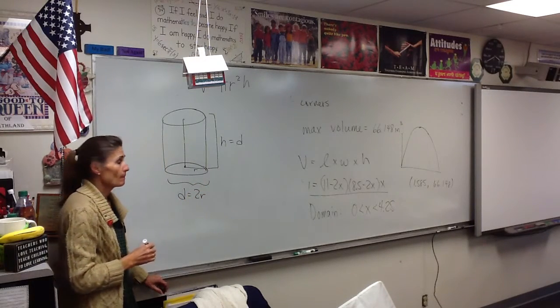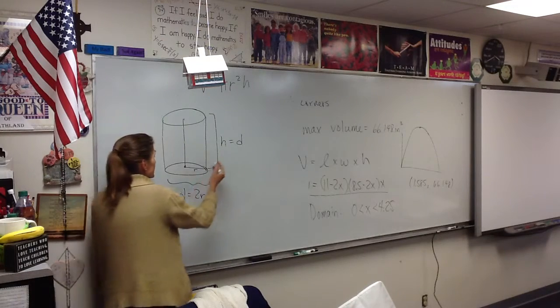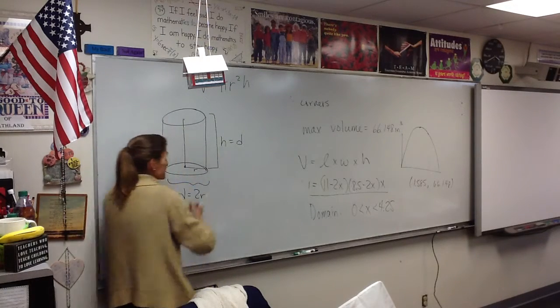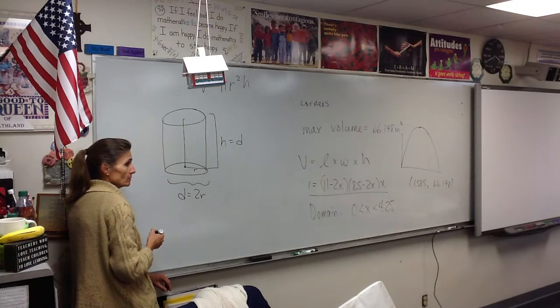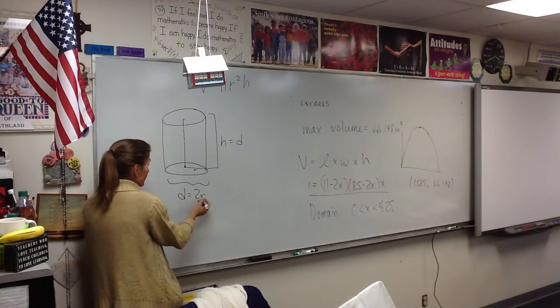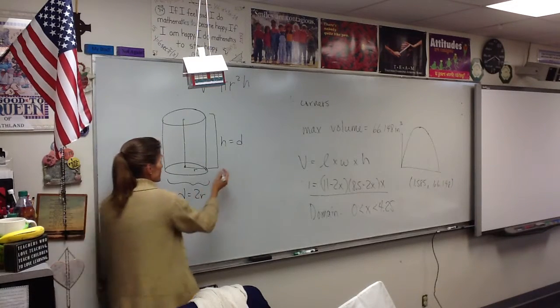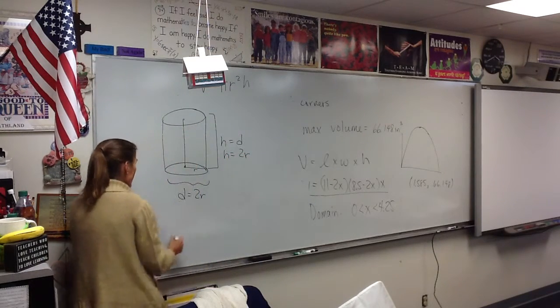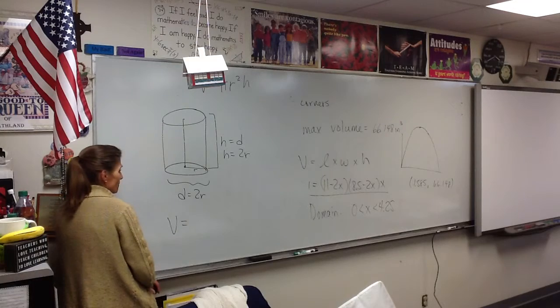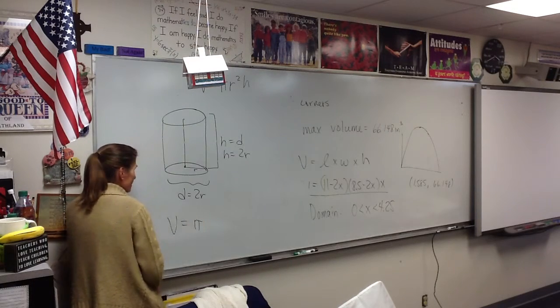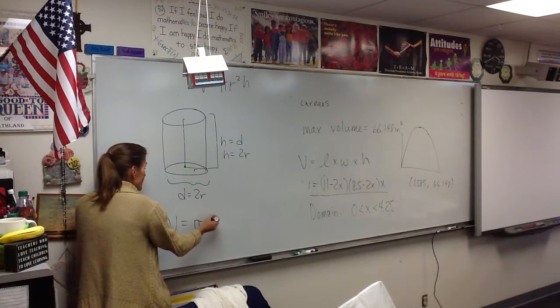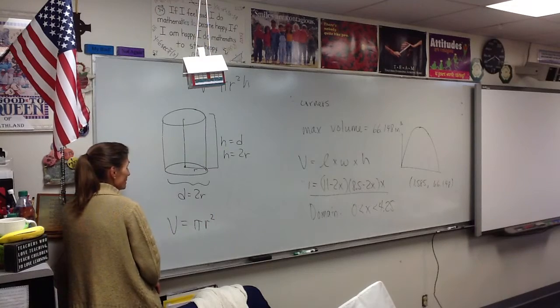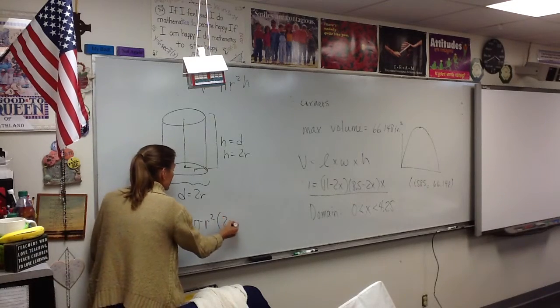Yeah. Now it says the height is the same as the diameter. So if the diameter is 2r, what's the height? 2r. So my formula says I take pi times the radius squared times the height.